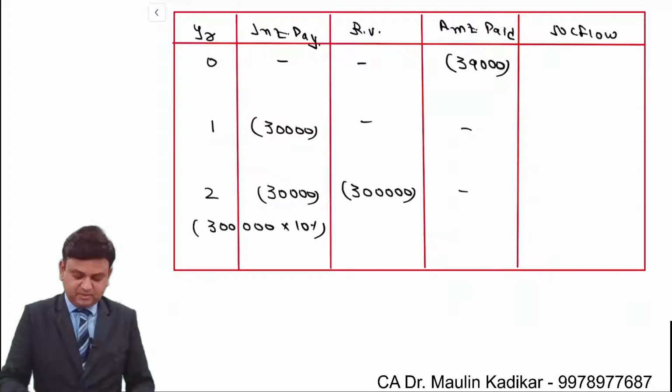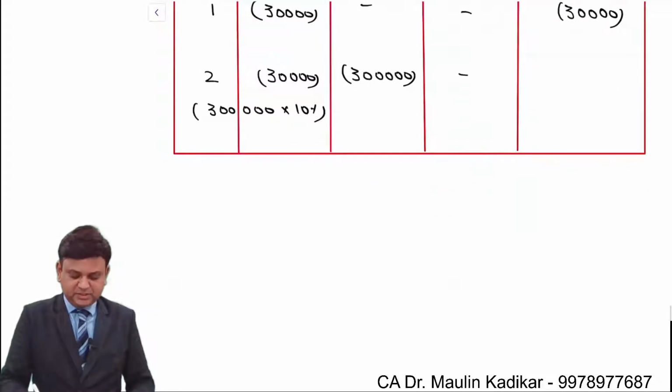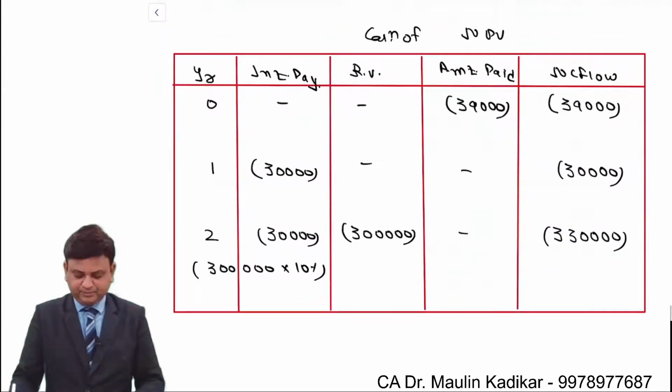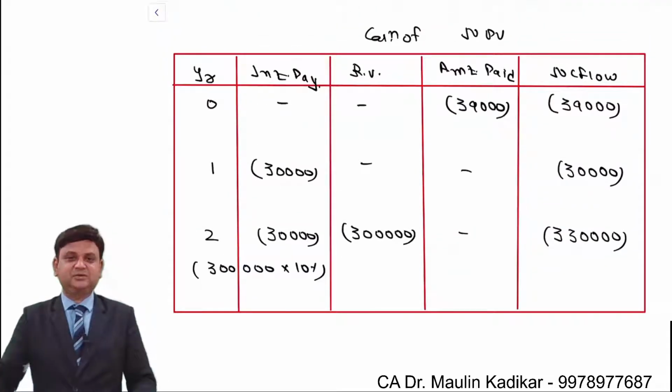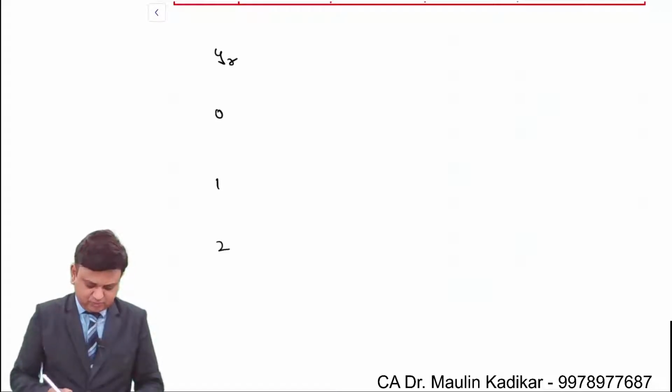Year 0 it is an amount of 39,000. End of year 1 it is 30,000. End of year 2 it is 3,30,000. These cash flows will be discounted at the rate of 10% to compute the present value. So I am doing the present value over here. Year 0, year 1 and year 2.